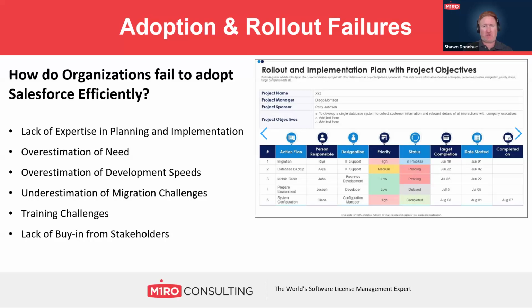The most common reason that adoption and rollout failures happen is because companies will purchase a large Salesforce installation and then hire someone not unqualified, just not qualified enough to effectively understand the challenges of rolling it out to a large organization. As I said, they could be many. They could be problems with importing data from legacy systems, problems with security, problems with just generally getting their users to adopt the system, to start putting information into the system.